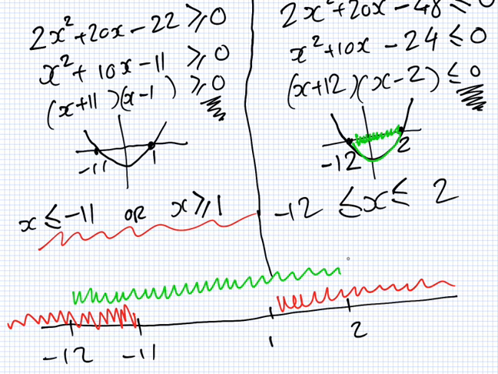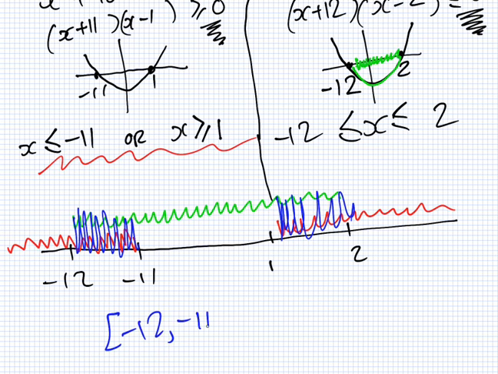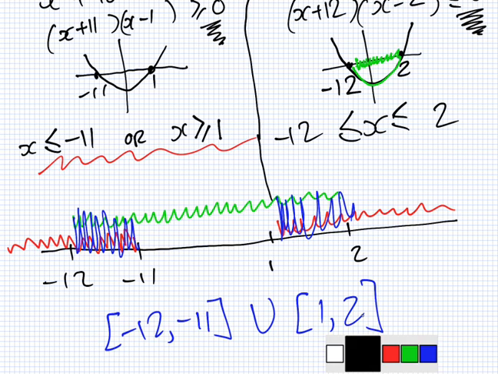Now when you look at this, you must choose the piece where both the red and the green are true at the same time. So in blue, that happens in two places. Here, they're both true, and here, they're both true. So it looks like the answer is minus 12 to minus 11, union 1 to 2. Yes? Numbers should be natural. Exactly.